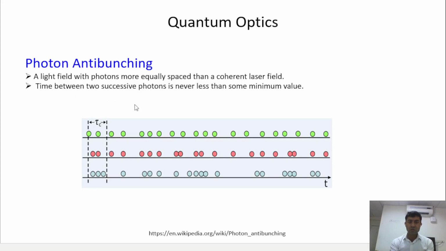We can define photon anti-bunching as a light field with photons more equally spaced than a coherent light field. Here we can see photon detection as a function of time. For example, light emitted from a single atom is shown here in green, and this shows a coherent state laser beam.